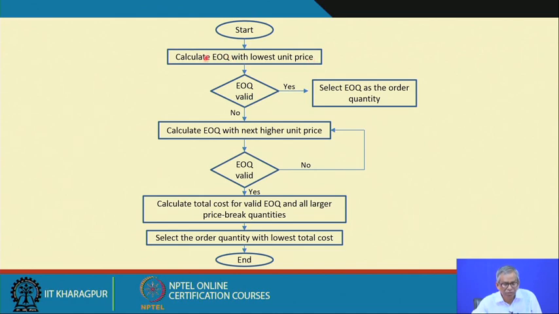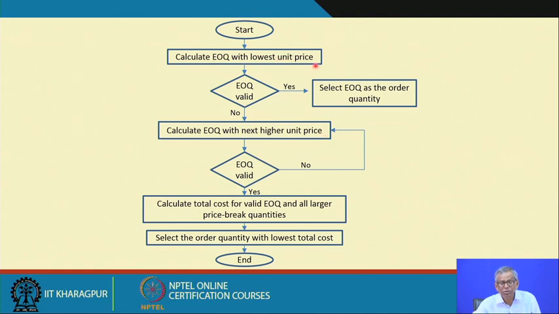Whether this EOQ falls in that range or not. If it falls in that range, it is called the valid EOQ. If it doesn't fall in that range, it is referred to as invalid. Supposing EOQ is valid, select EOQ as the order quantity. If it is not, then calculate EOQ with the next higher unit price.